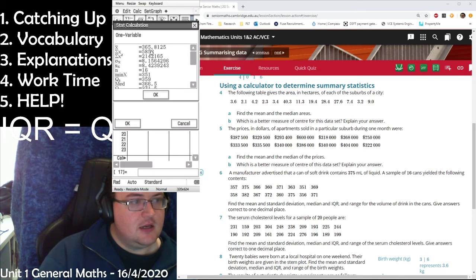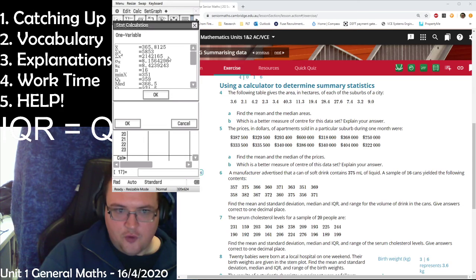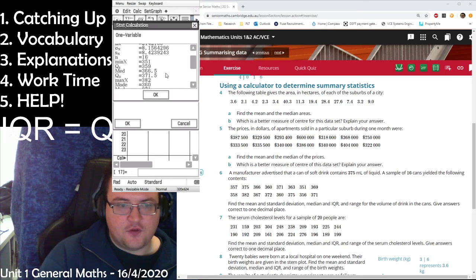Going through my data, I can see here I've got Q1 as being 359. I've got a minimum, a maximum, and a median of 366.5. I happen to have a couple of modes show up there a few times.